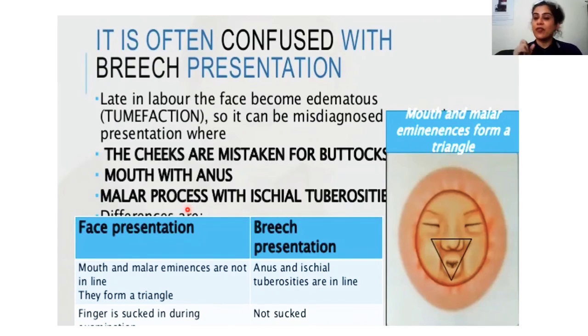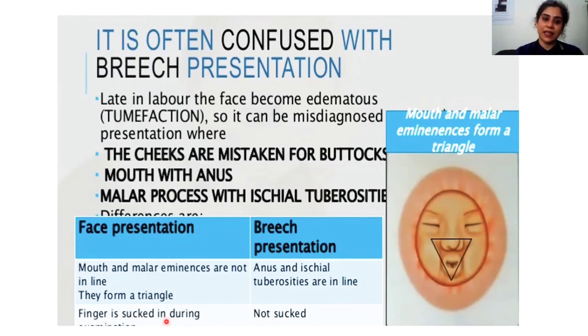But in face presentation, the malar eminences and mouth form a triangle. You can see this in the diagram very clearly. Whereas in breech presentation, the anus and the ischial tuberosities are in a straight line. This is one of the distinguishing features, and you should remember this.